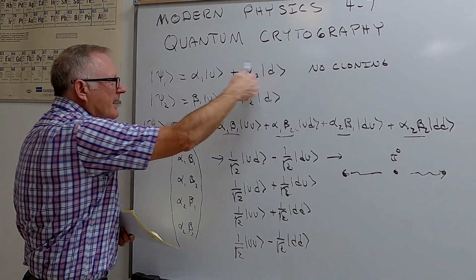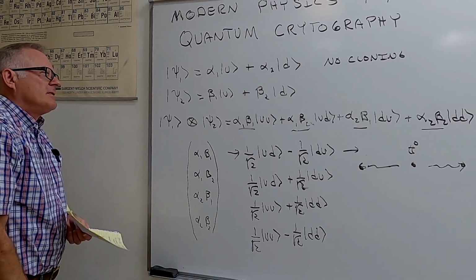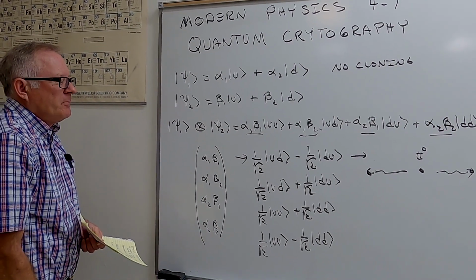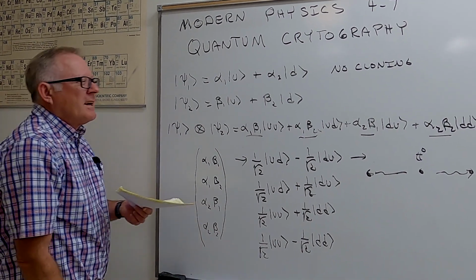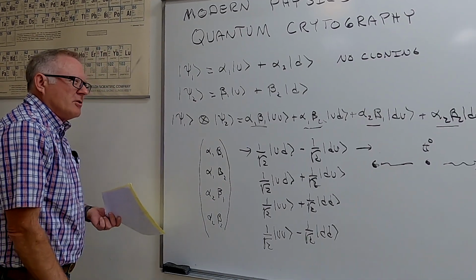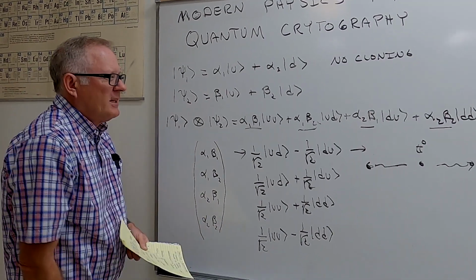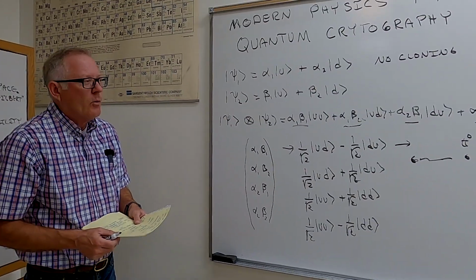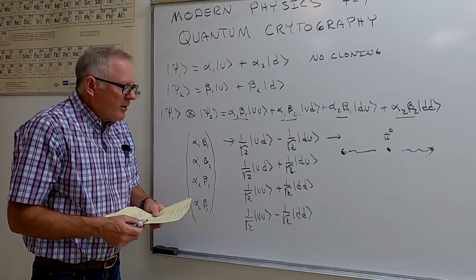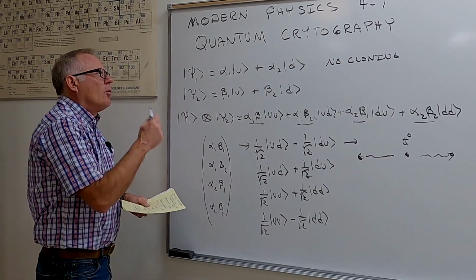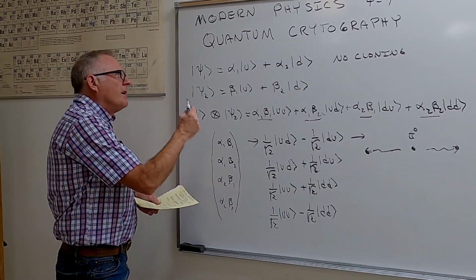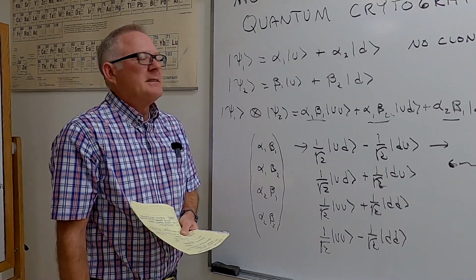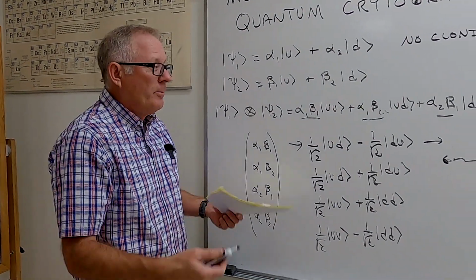Here, you cannot do that. It's called no cloning right here. We'll see with teleportation, if you want to make one copy, you've got to destroy the original. So you're not really creating any more copies right here. You still have the one copy. Okay, and that helps you with quantum cryptography, which is sending secret messages between 2 people.